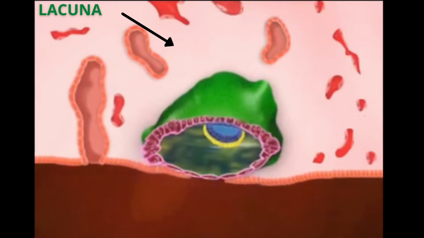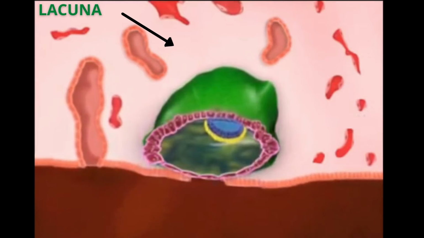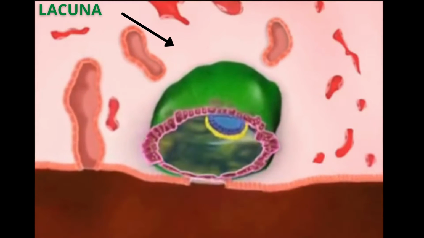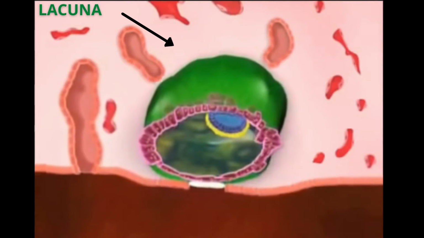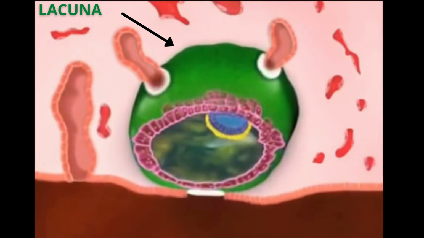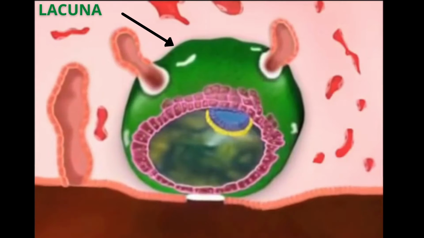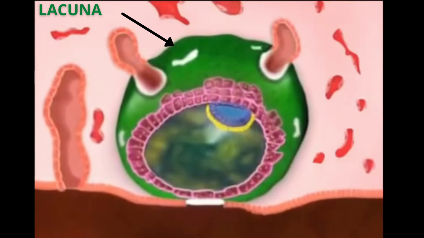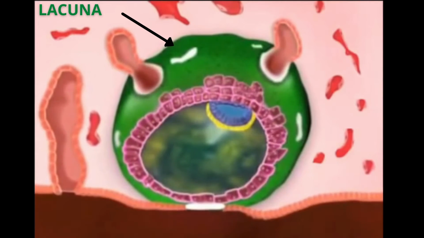Now the syncytiotrophoblast is eroding, and you can see the uterine glands now come in contact with the syncytiotrophoblast, as well as the formation of a cavity in the syncytiotrophoblast.